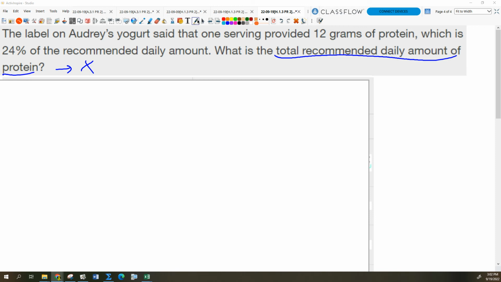Can you restate this much more simply, taking the unnecessary words out? Maybe to restate it simply, you could say 12 grams is 24% of recommended daily amount.